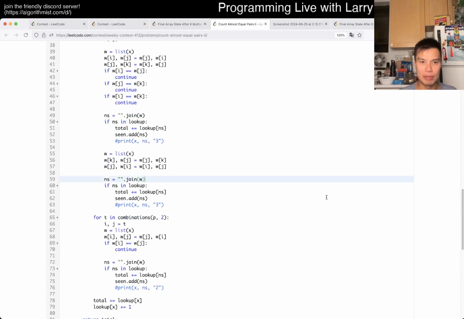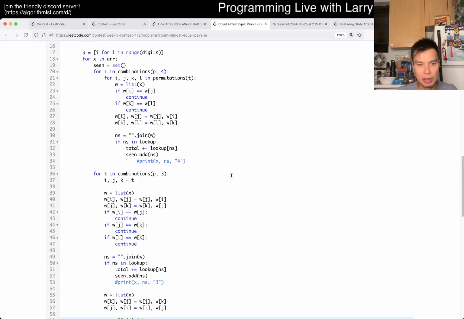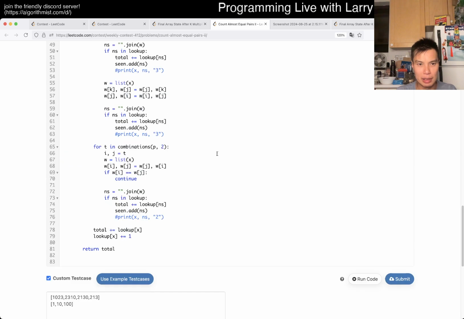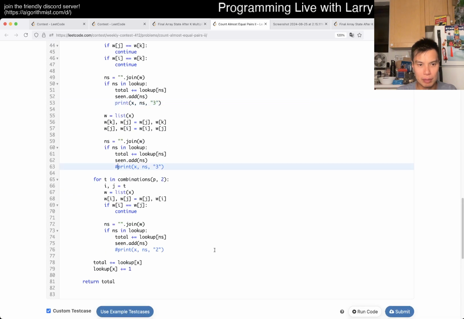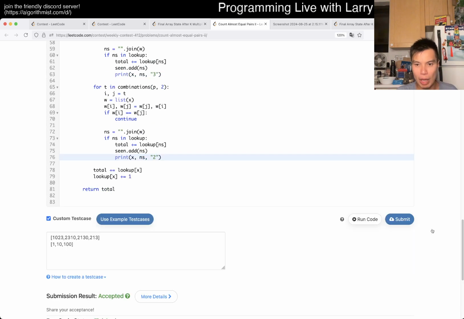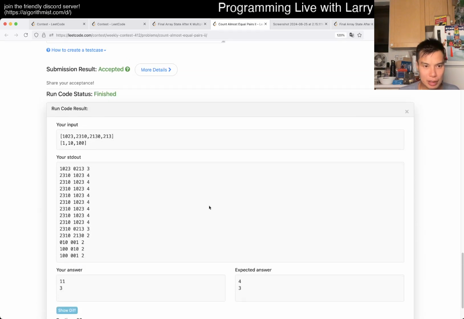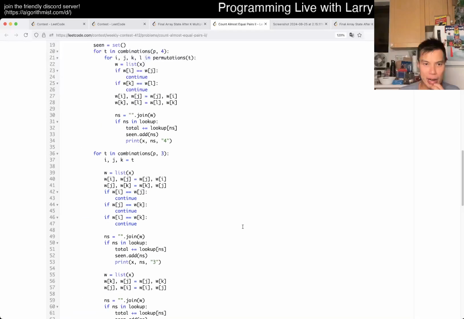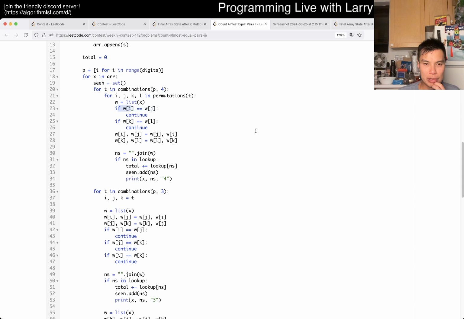Okay, well, it's not even working for here. Why is it not working? If this is not the case, I do wonder how it's double counting. It's double counting on the 4. Why? We already do the check for i, j. Oh, I see.